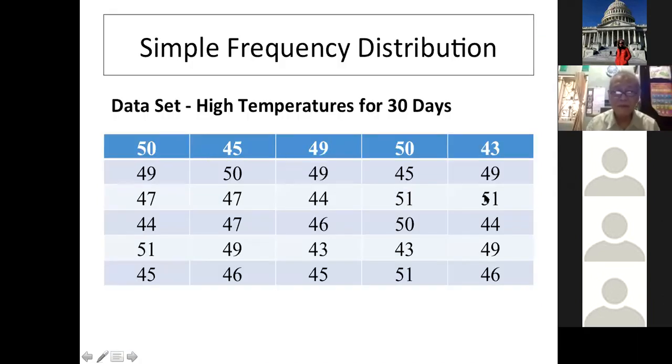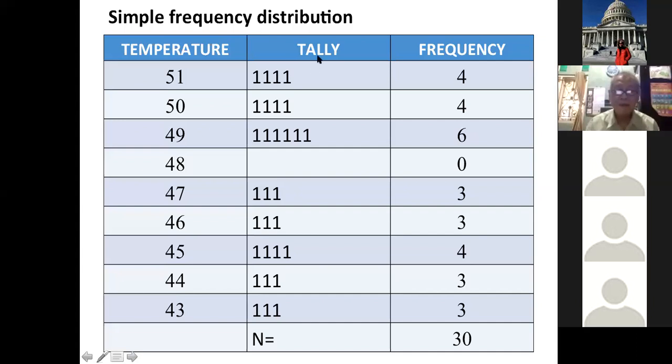So 1, 2, 3, 4. So there are 4 times. We call it tally. We tally the scores, and you find out that the temperature of 51 occurs 4 times during the month, and 50 also 4 times, and 49 occurs 6 times. So you have the frequency here.